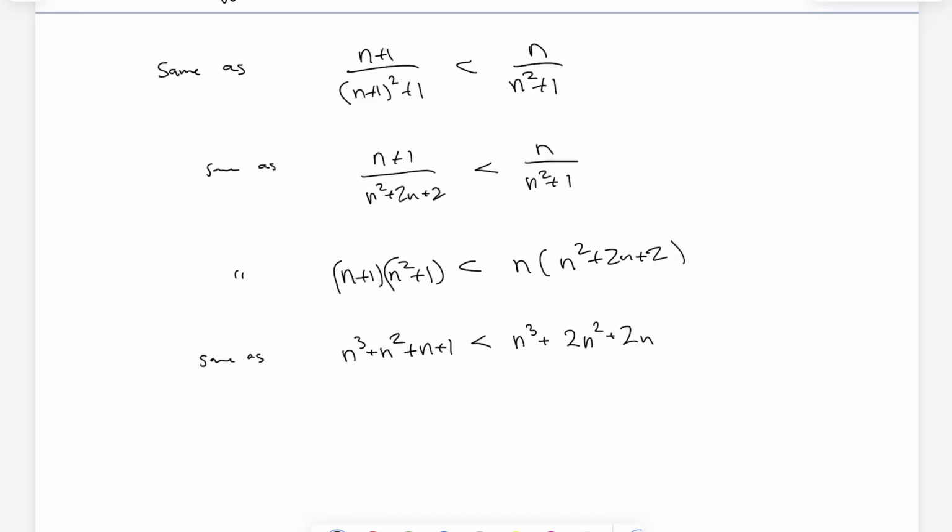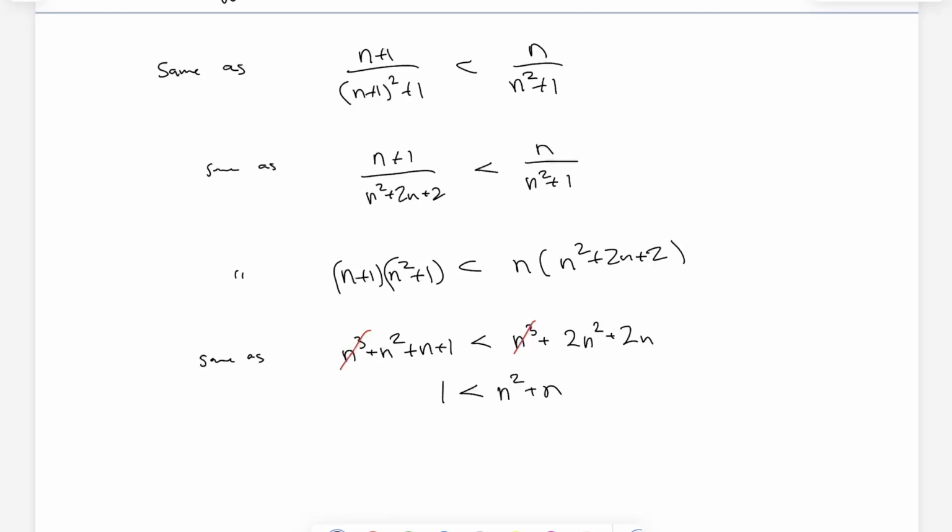All right? And now I'm going to cancel as much as we can. The n cubes cancel entirely, right? The n squareds cancel a little bit. The one on the left can go away, and the one on the right is just going to be 1 n squared. And the n's, similarly, I think I will be left with 1 on the left, and then subtracting n squared and n gives me n squared plus n.